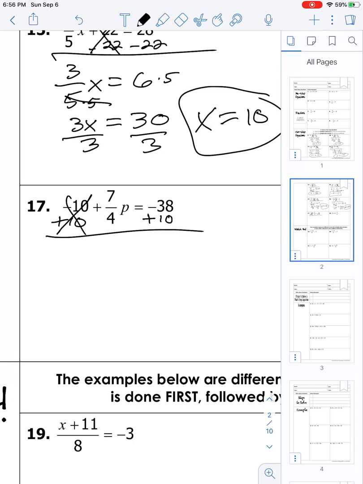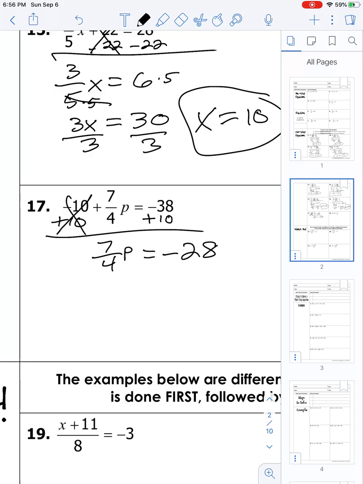You've got negative 38 plus 10, so obviously this drops down. Negative 38 plus 10 is negative 28. So now, I'm going to write this P a little bit better, we need to get rid of the bottom of the fraction.